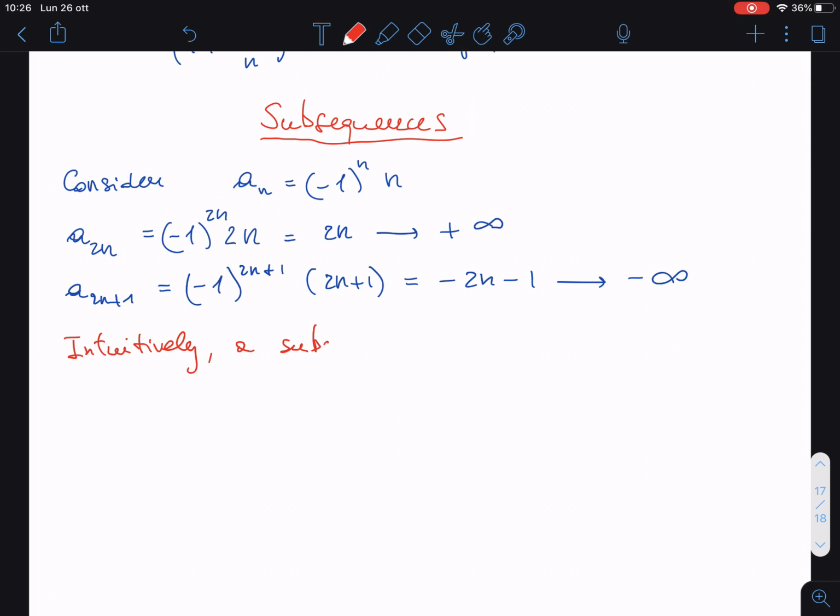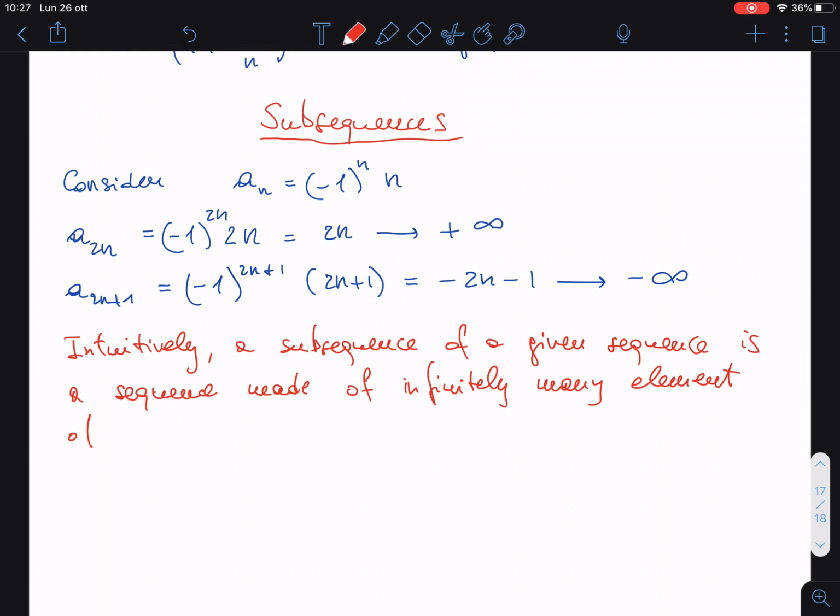So a subsequence is a sequence in turn, so an infinite ordered list of numbers made, of course they have to be infinitely many, of elements of the original sequence. What is extremely important, they have to be taken in the same order.